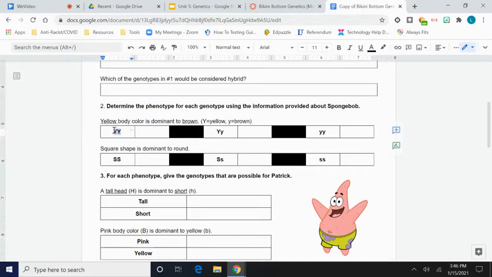So is this individual with this genotype going to be yellow or brown? Is this individual going to be yellow or brown? Is this individual going to be yellow or brown? Same thing with this one, except you're using square shape versus round shape.